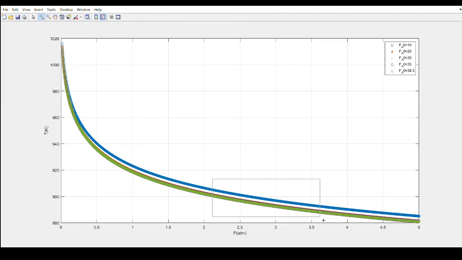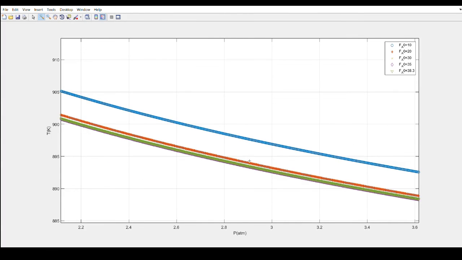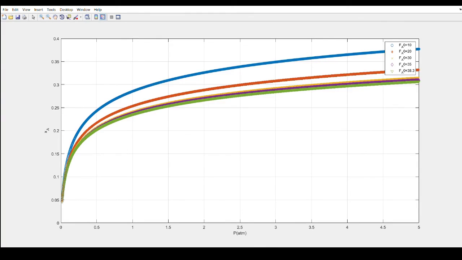It's a plot of pressure versus temperature for different feed rates. We won't be analyzing this in depth. I think it's for some other day, when we try to optimize such systems, we will definitely analyze them. So this is figure 1, and opening figure 2, we have a plot between pressure and conversion for various feed flow rates.